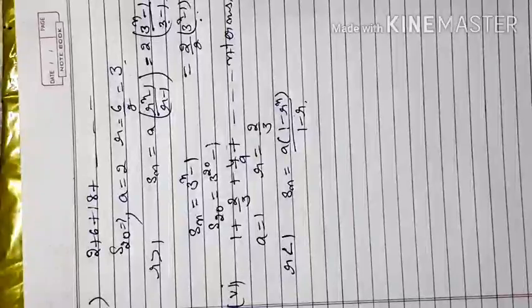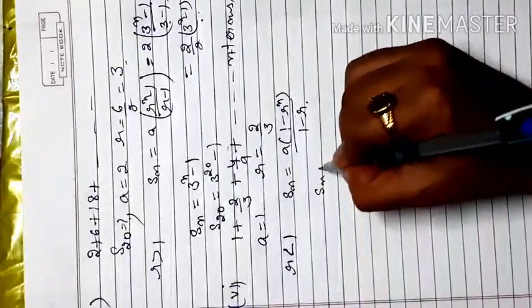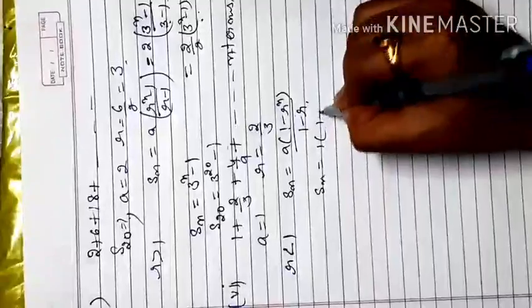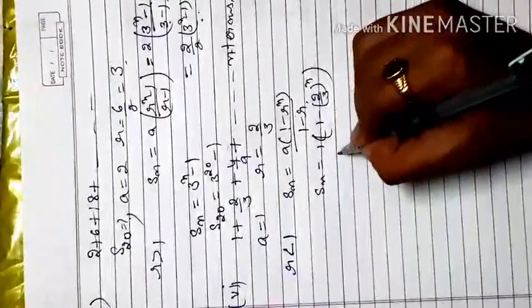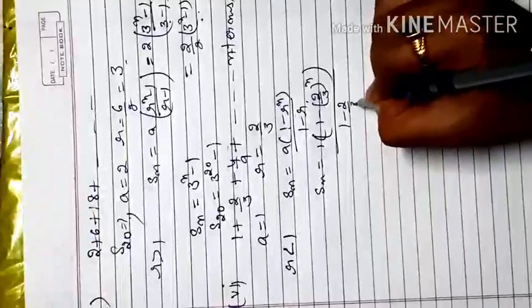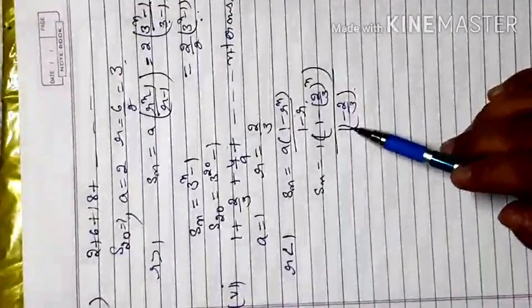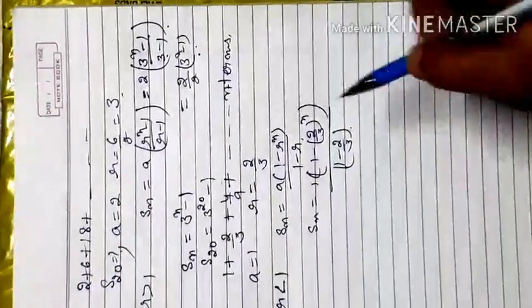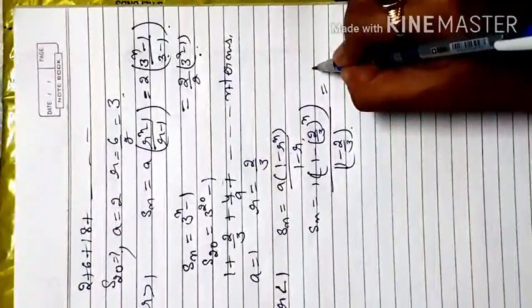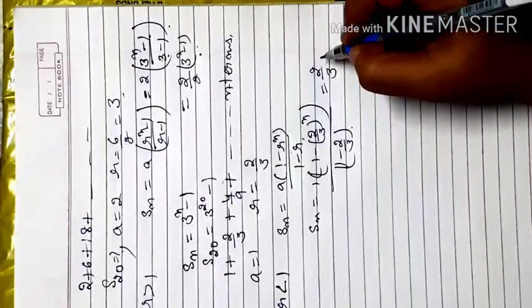So I just replace the values: A value is 1, R value is 2 by 3 raised to power n, and 1 minus 2 by 3 in the denominator. When you take the LCM of the denominator, it will be left as 3 by 2. So 1 upon 3 by 2 we will write as 2 by 3.